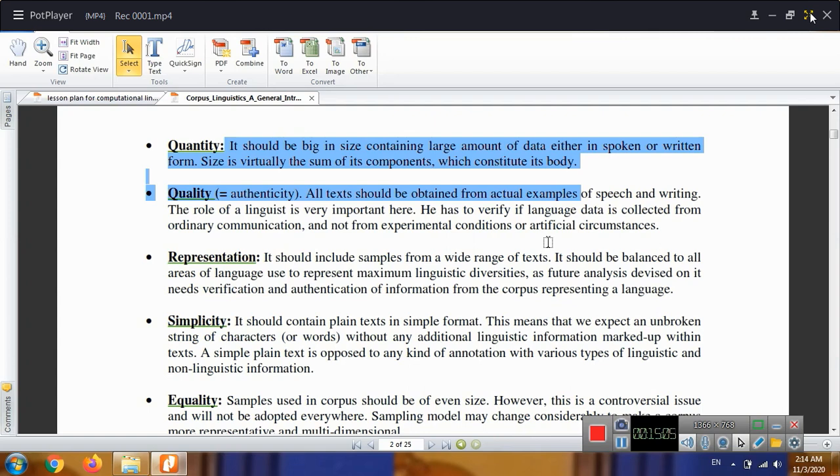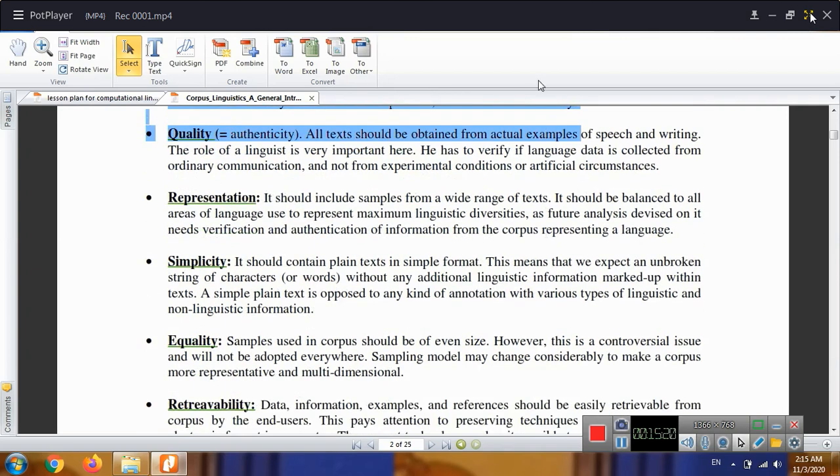It is about the quality of each corpus, which they should obtain from actual examples of speech and writing. And it is an important part of each research.